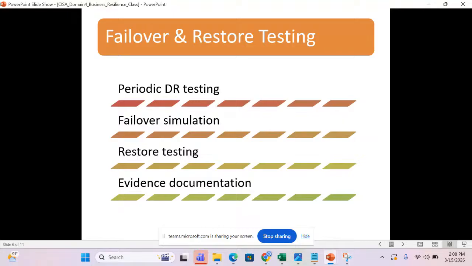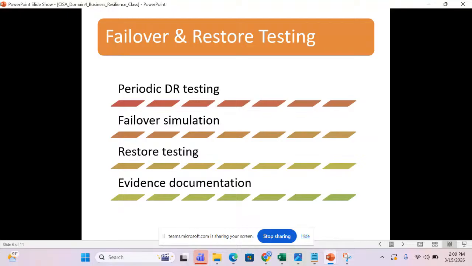You need to do a proper documentation of those events, so that whenever you have a regulatory body coming in to check your BCP, you have something to show that yes, you've been carrying out this BCP in our organization, which includes failover, periodic testing, and restore testing. So you need to properly ensure evidence documentation. You need to also have reports.